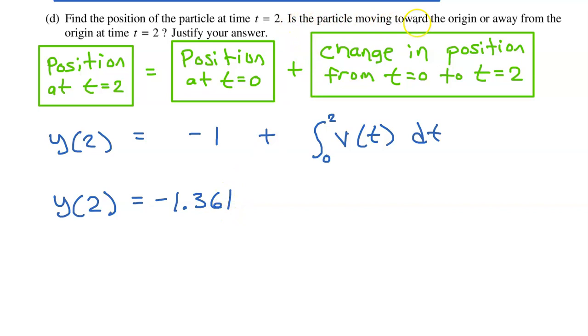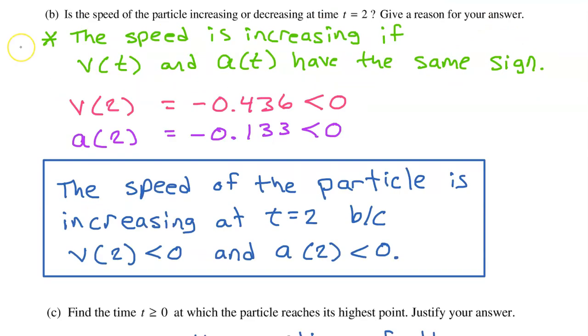How about the rest of the question? Is the particle moving toward the origin or away from the origin at time t equals 2? I'm going to give you some notes on this in a moment, but first I want you to look back at the notes I gave you in part B because they are analogous. Remember, I said that the speed was increasing if the velocity and acceleration have the same sign.